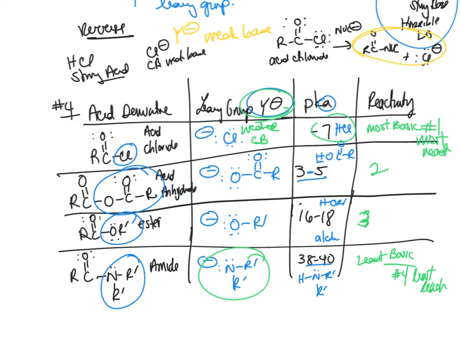Now, I'm going to tell you, I've spent some time in the lab having to convert between these different acid derivatives when I did organic synthesis, when we were doing drug design. And so a lot of times if I started with an acid chloride and the reaction was just too reactive, too quick, sometimes when that happens, you don't get the best yield and you want to be able to control it more.